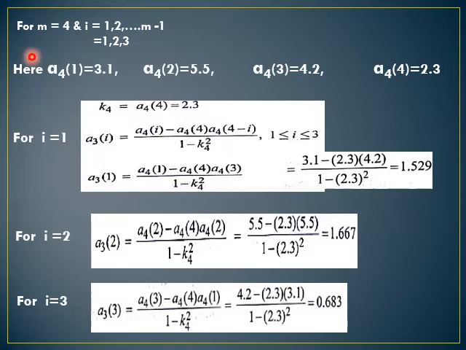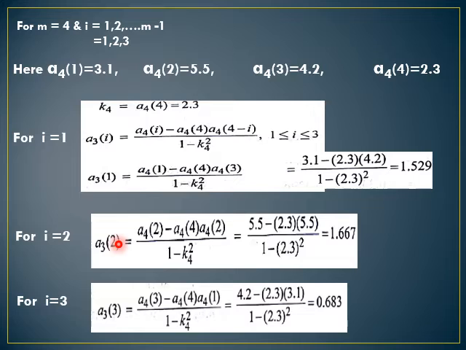Now for the same value of M equal to 4, we need to calculate for I equal to 2. So A3 will remain the same for M equal to 4, as it is Am minus 1 of I. So it is A3 of 2 now.